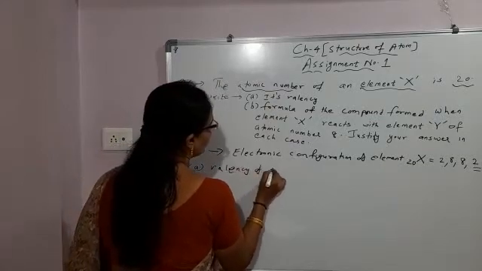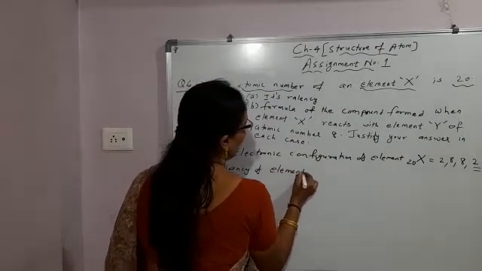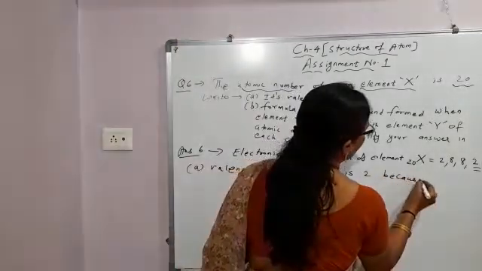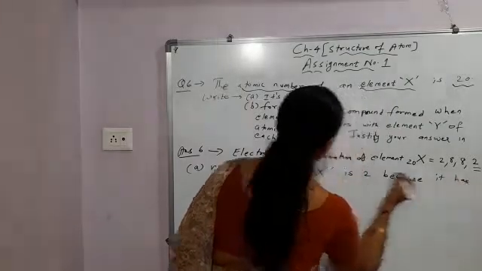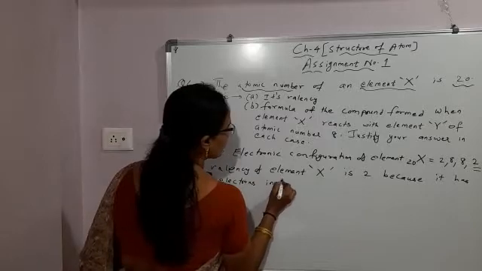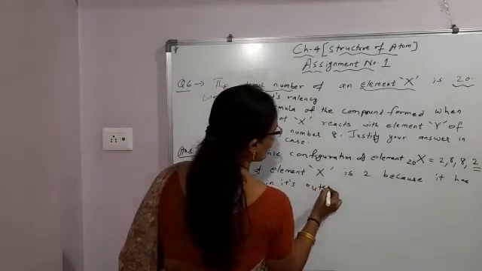Valency of element X is 2 because it has 2 electrons in its outermost shell.